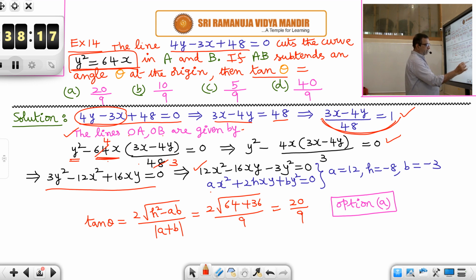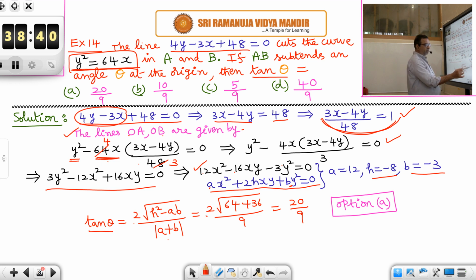Compare it with the standard equation ax square plus 2hxy plus by square is equal to 0. You will get a is equal to 12. 2h is equal to minus 16 means h equal to minus 8 and b is equal to minus 3. So these are the lines OA, OB. For tan theta, what is the formula? 2 into root of h square minus ab, by mod a plus b.